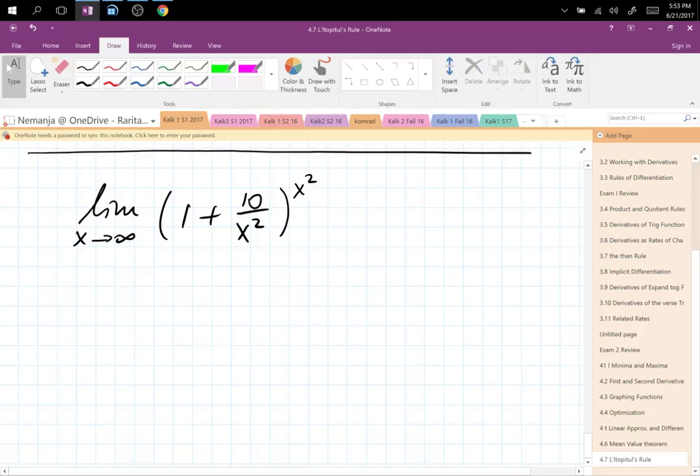So previous example was 0 to 0. Which one is this one? 1 to infinity. Good. Just do it.